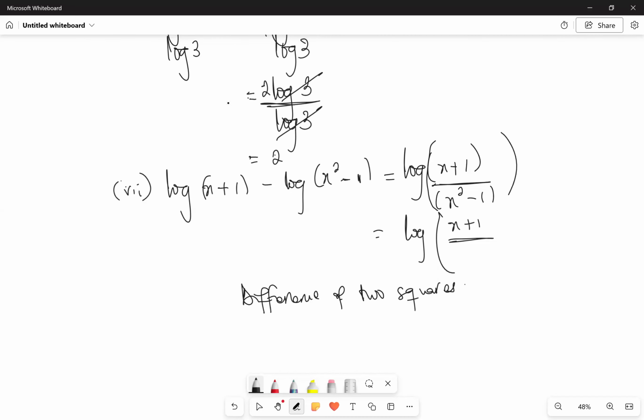Difference means subtraction. Our emphasis is on this, x squared minus 1. Difference means subtraction. Two squares means two terms with power 2. Okay, so this one must be on power 2, but we'll talk about that.